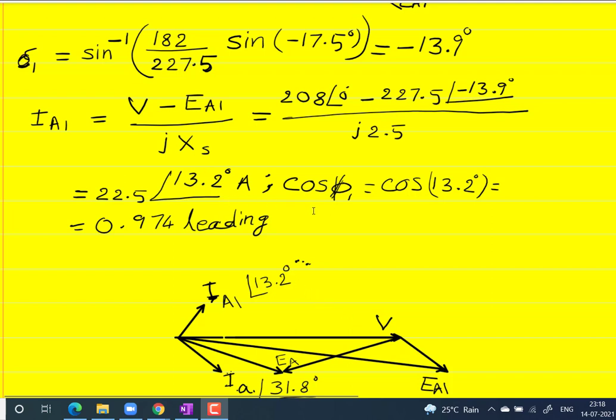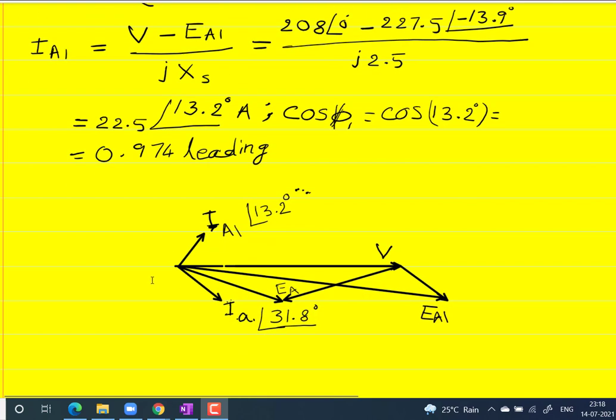So we can calculate the power factor under the new conditions, that is cos of 13.2 degrees, which comes out to be 0.974 leading. Once we draw the vector diagram for these conditions, you can see here: initially this is the applied voltage, which remains the same, and this is the initial induced EMF or excitation voltage, and the initial current is IA, lagging at 0.8 power factor.